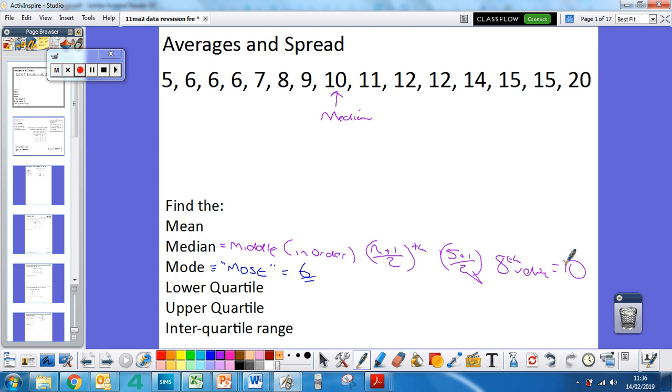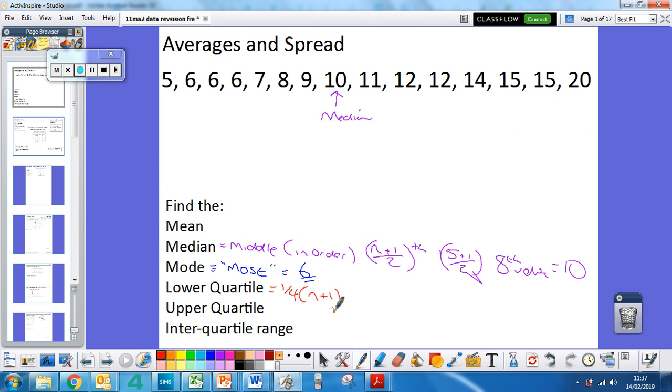I would argue now that the lower quartile, upper quartile, and interquartile range are the next easiest things to find because they are just positions in the list. So the lower quartile is 1/4 of the way through the list. The way to find it is you do 1/4 of (n plus 1). So that finds you 1/4 of the way through the list.